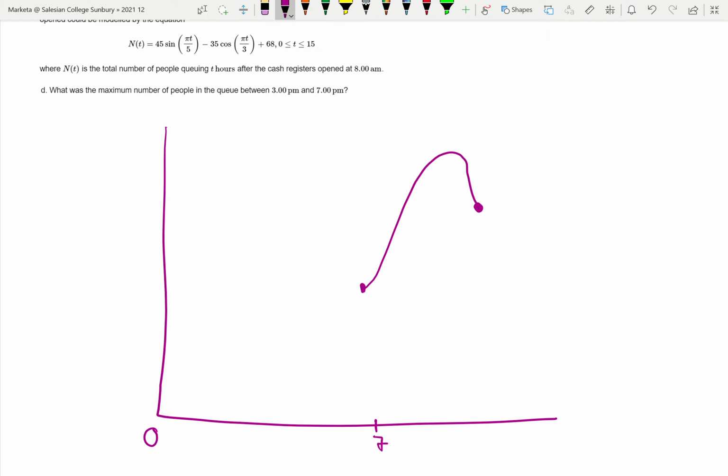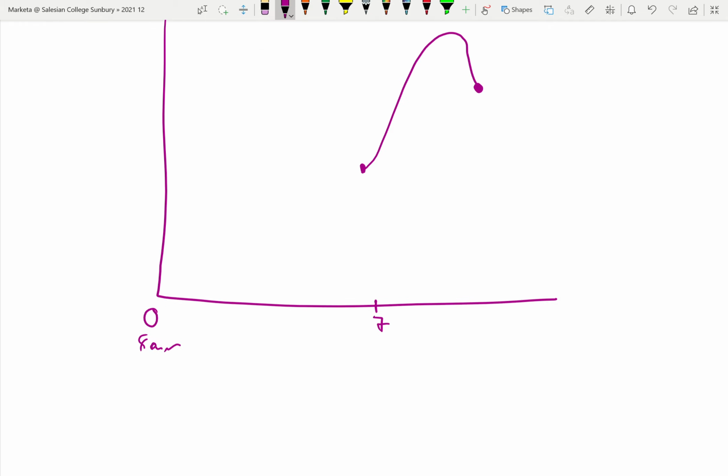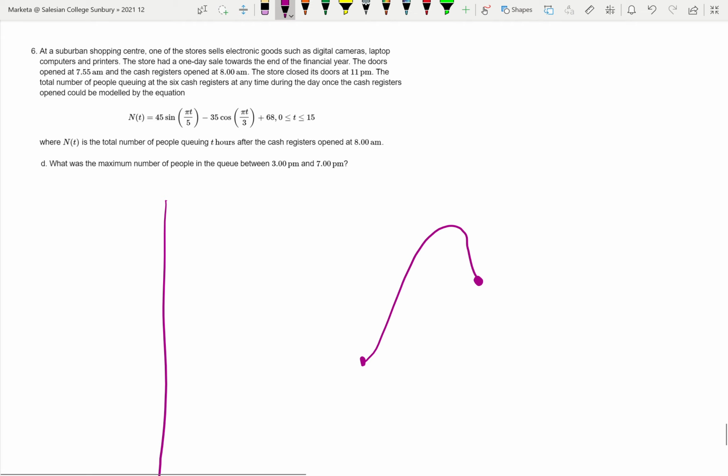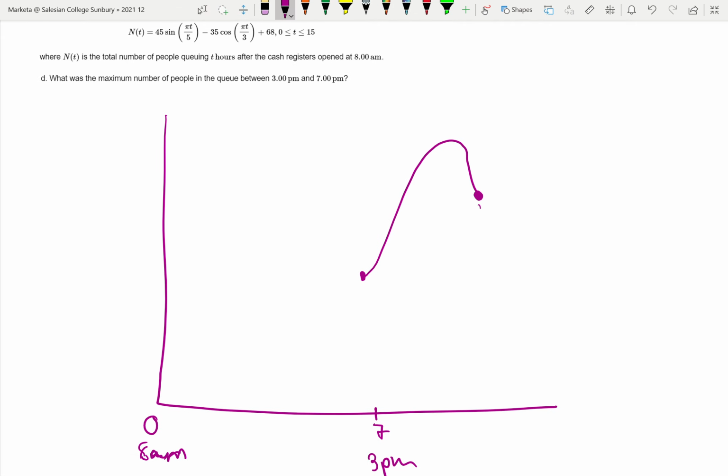So 8 a.m. is here, and this is 3 p.m. And then 7 p.m. corresponds to 11 hours after 8 a.m.